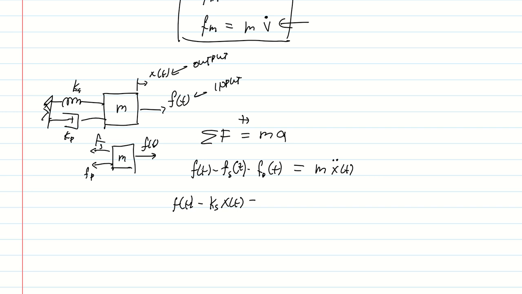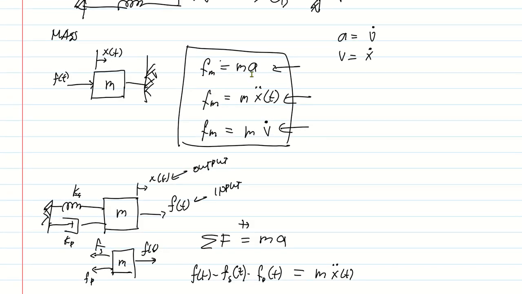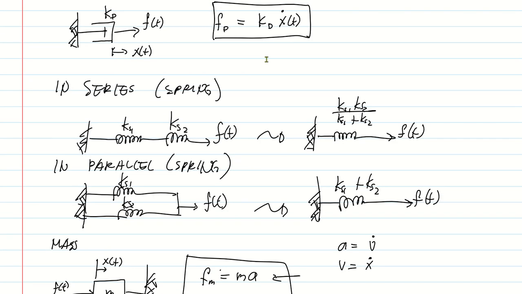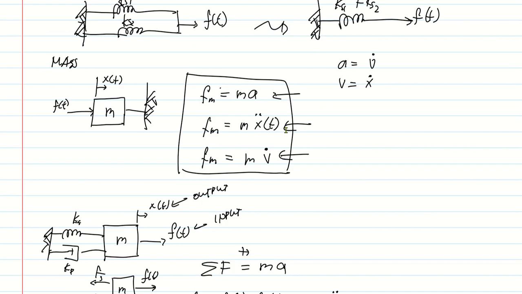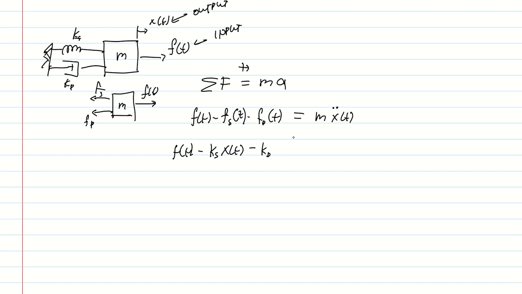Then for the damping, this is equal to the damping constant, kd, multiplied by the velocity, x dot of t, the first derivative of the displacement, and this is equal to m times x double dot of t.